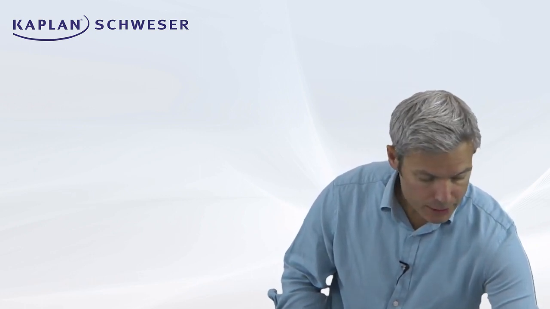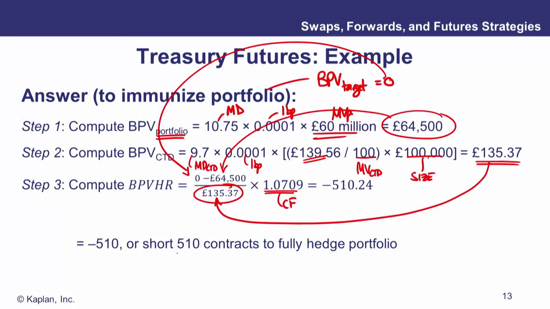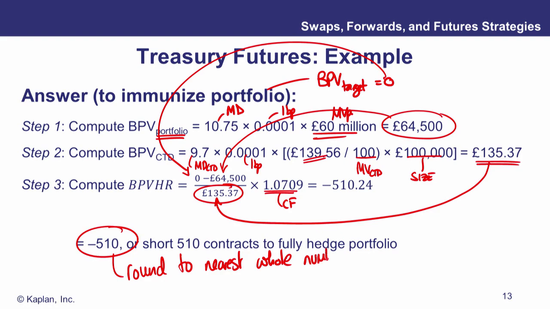Always round to the nearest whole number, because with futures, they're exchange traded, so you can't trade a fraction of a contract. Not always up, not always down, just to the nearest whole number to give you the most accurate hedge. Okay, so that's targeting a duration of 0 or a BPV of 0.